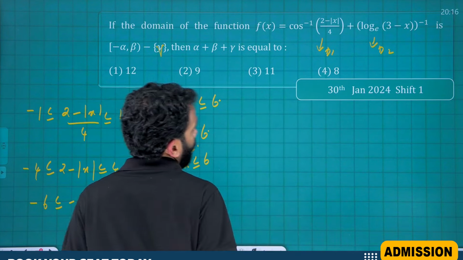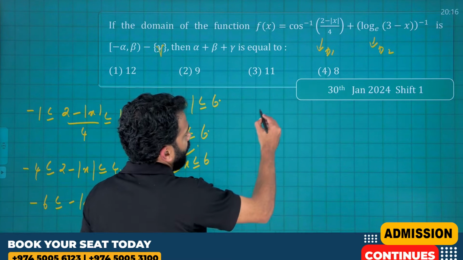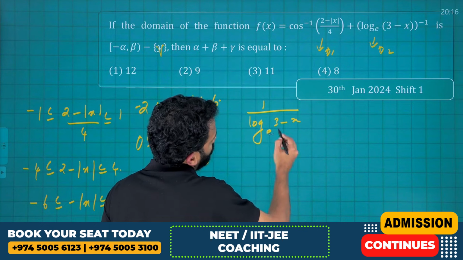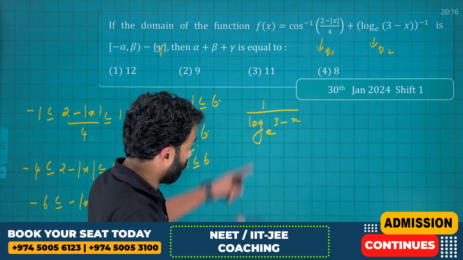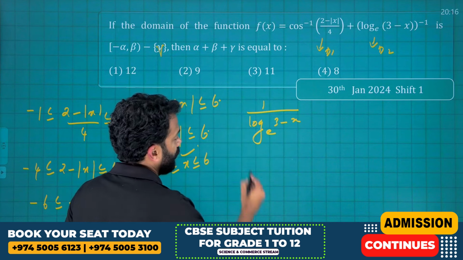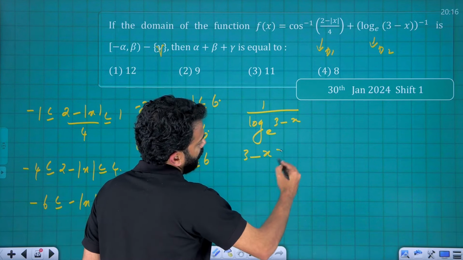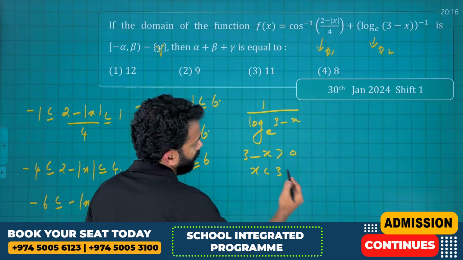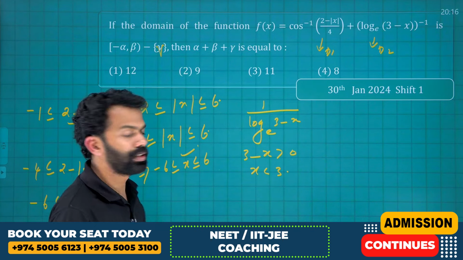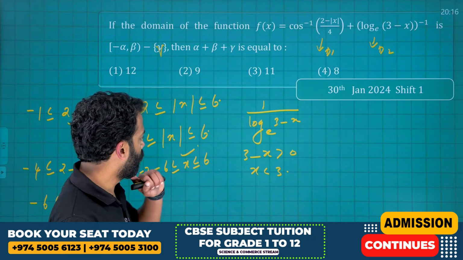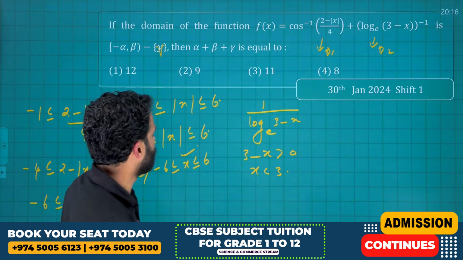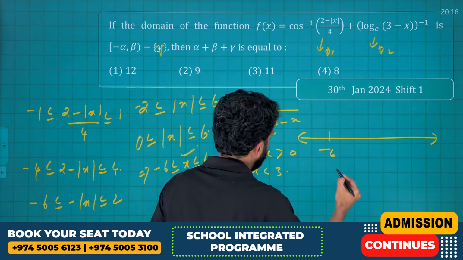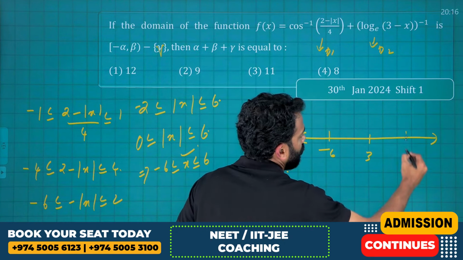And this one can be written as 1 by log 3 minus x to the base c. So 3 minus x should be greater than 0, that is 3 greater than x, that is x less than 3. So this is the final result. Combining these two, the figure will be like this: minus 6, 3 and 6.